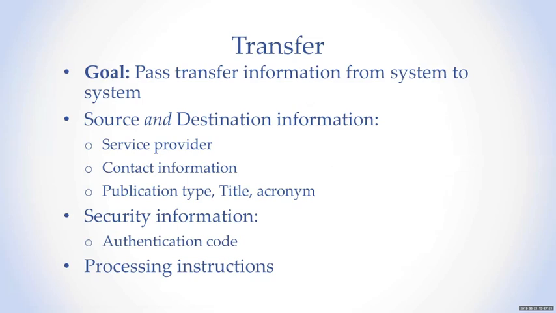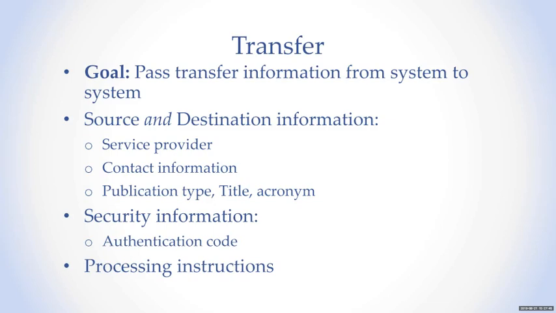Next I'm going to talk about the transfer XML and the transfer DTD. The object of the transfer XML is to pass transfer information from system to system about the source and the sender of the package and the destination or the recipient of the package. So this DTD includes information about the service provider.